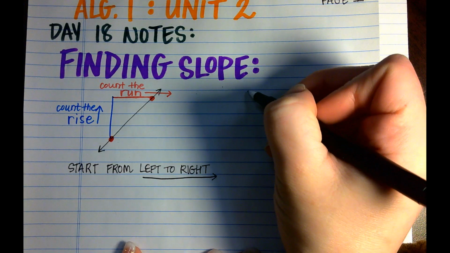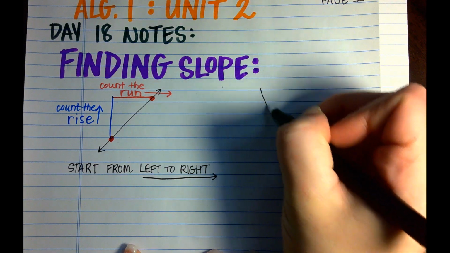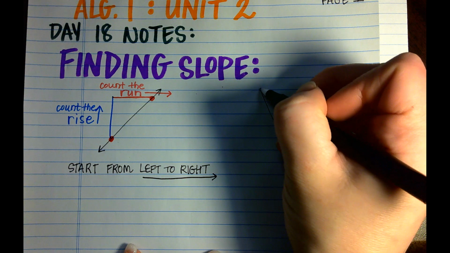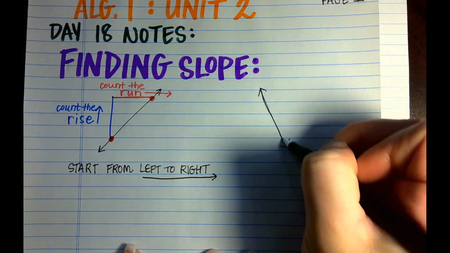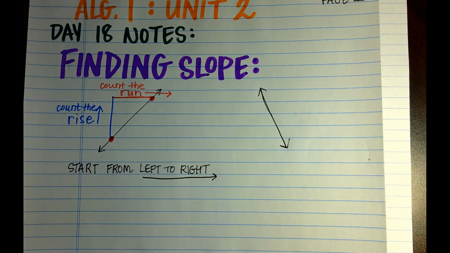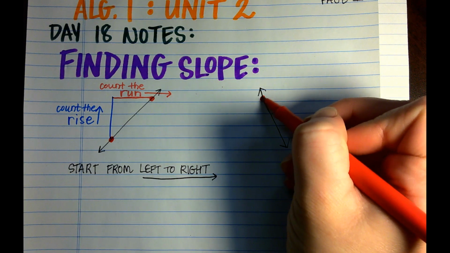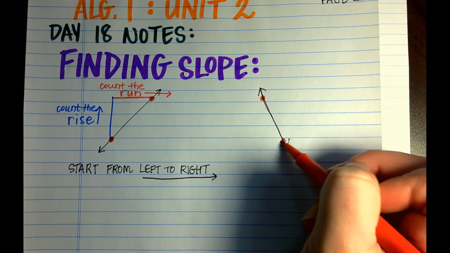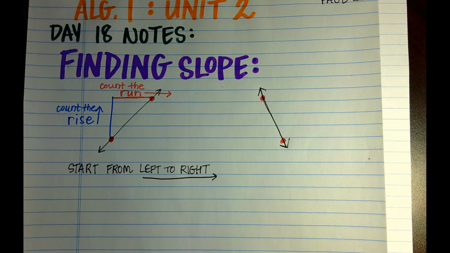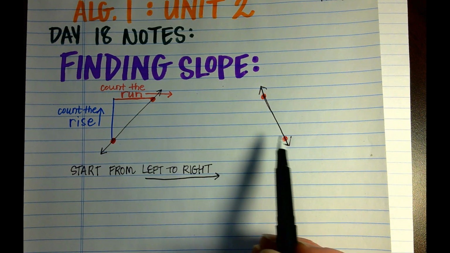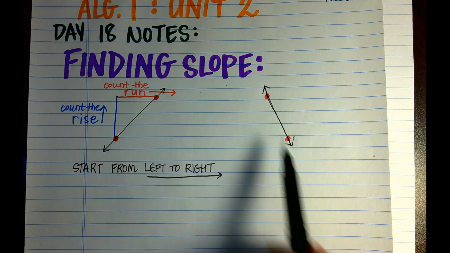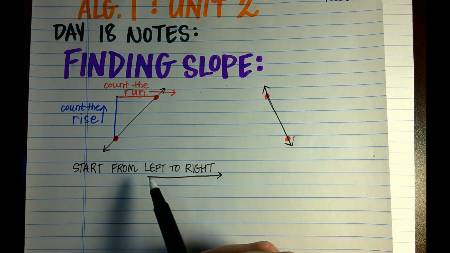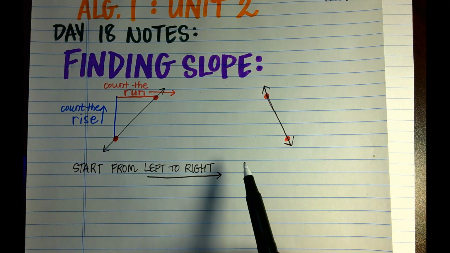Now, if we have a line that's tilted differently like this, I'll draw 2 more points. Like that. When we find the slope of a line that's tilted down like this, we're still going to start from left to right.